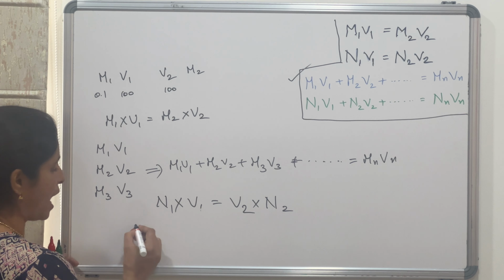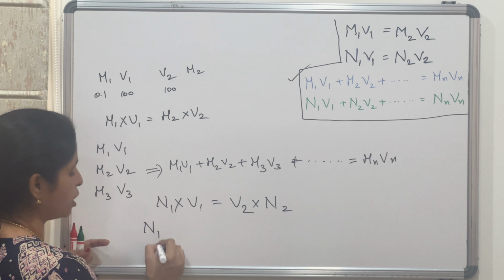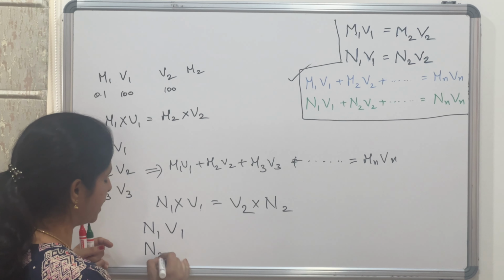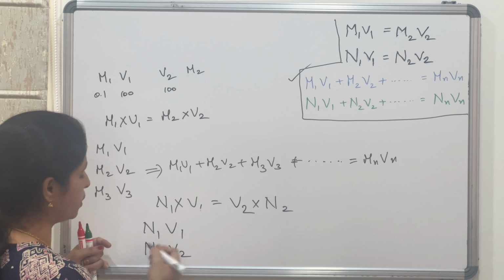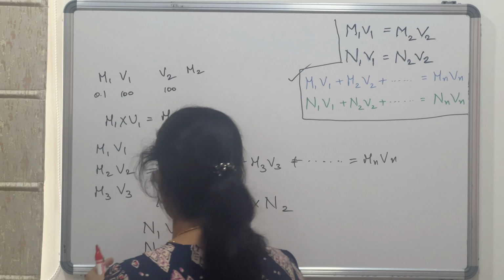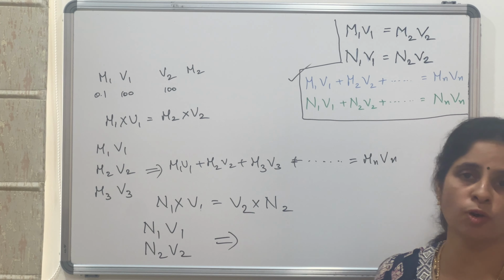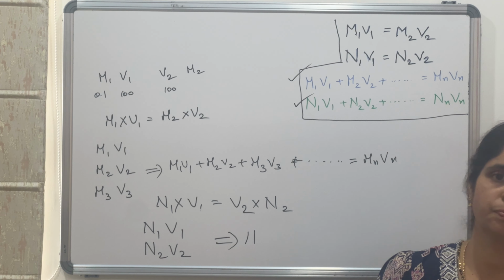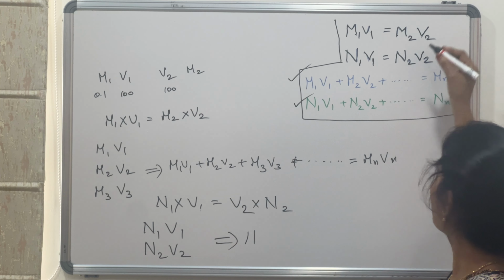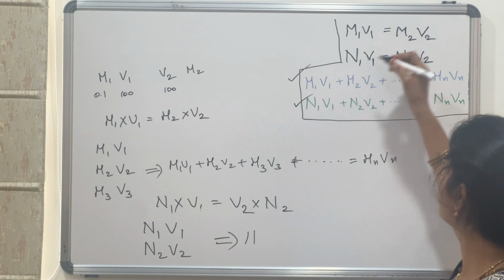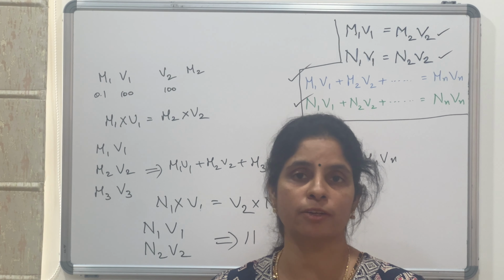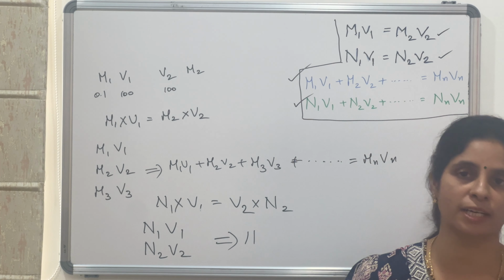Similarly, if you have a solution with normality N1 and volume V1, and normality N2 and volume V2, and if you mix these two, the resultant new normality and new volume will be given by this formula. Okay. So I think you got one clear idea about these relations. Now we will solve some exemplar questions so that this concept will be more clear to you.